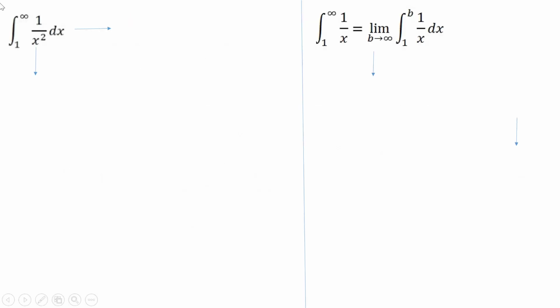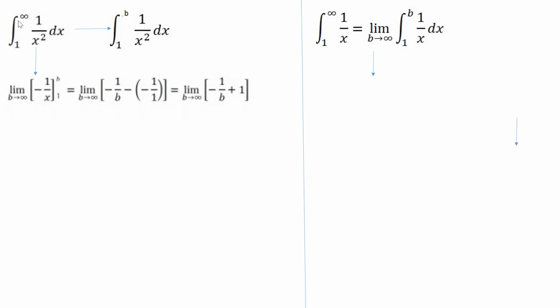Here it is. If you have such one, you replace the infinity by another symbol, b, and then integrate normally and substitute, and then I take the limit as b tends to infinity, because I replaced infinity by b. In the second one, I also replace the infinity by b, and I'm integrating 1 over x, which is ln x. I substitute b, and then minus the substitution of the lower limit, 1.